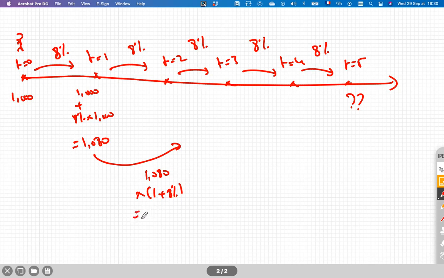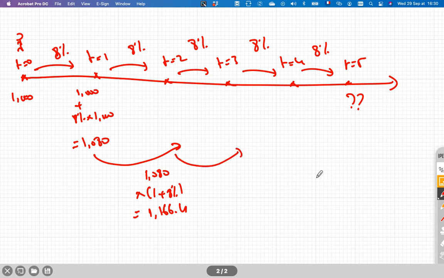We can compute the amount. So 1,080 times 1.08 is 1,166.4. And then we'll invest the whole amount for the third year, and so on.